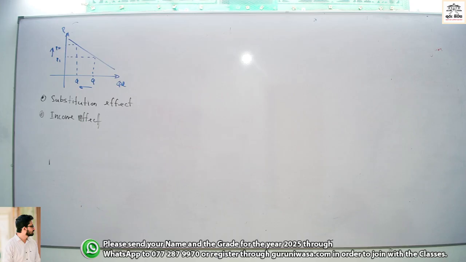Define consumer surplus and producer surplus and show them on a graph. When defining consumer surplus and producer surplus, please write perfect definitions. I saw most of you had written the definition correctly, but not perfectly. Dipna has not even written the definition.